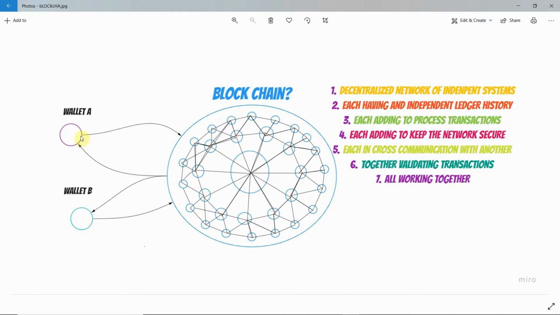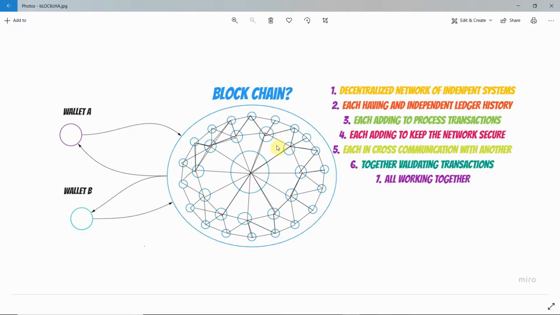Wallet A executes that command, it goes through the blockchain, and the blockchain processes the transaction and sends the confirmation that the transaction has been initiated over to wallet B. Now it's not 100% until each one of these computers, in consensus, depending on how many confirmations the system is set up for, confirms the transaction.